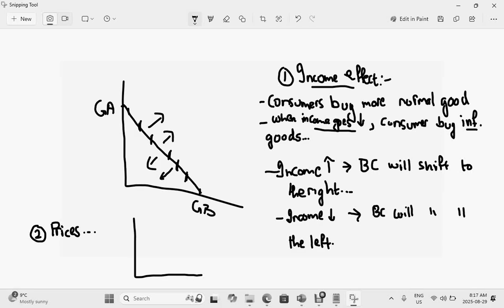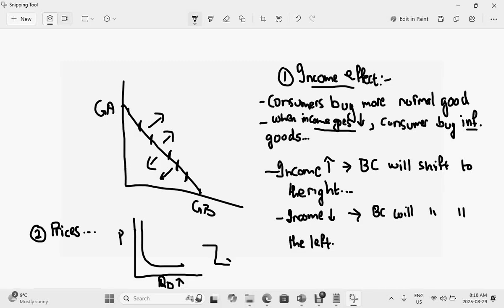When the price of a good goes up, consumers will tend to buy less. We know this from our demand curve: as prices go down, your quantity demanded, QD, will go up. However, this is ceteris paribus, considering all other factors equal.